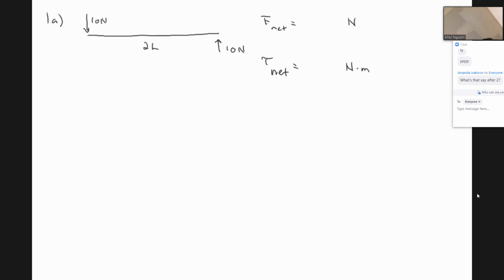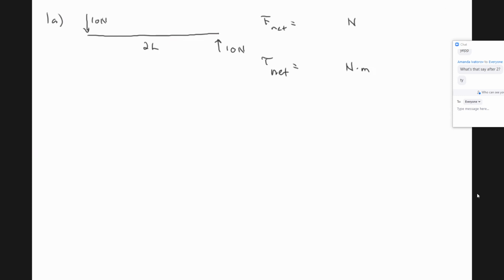The length is 2L. So let's get you guys thinking. What's my net force?